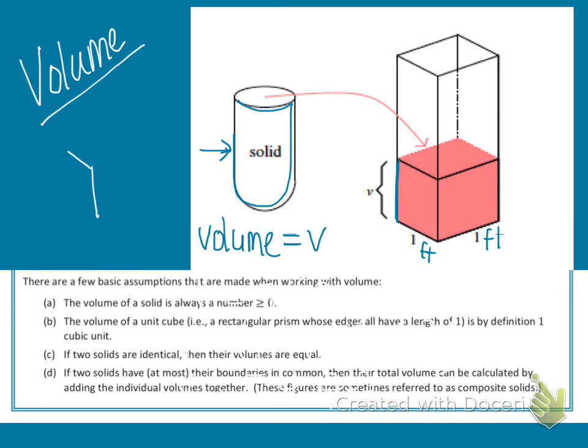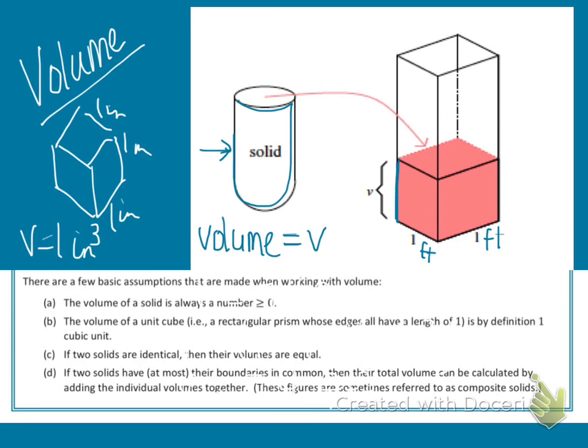We messed around with centimeter unit cubes quite a bit, but it could be any dimension. If I use an inch, it's 1 inch by 1 inch by 1 inch. So the volume of the unit cube is 1 cubic unit. So this one is 1 cubic inch.